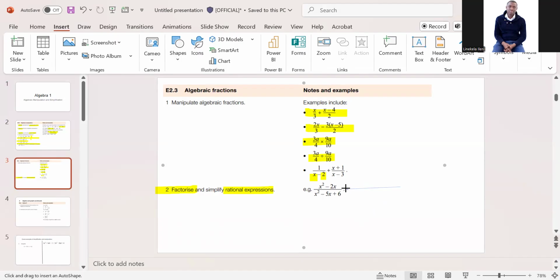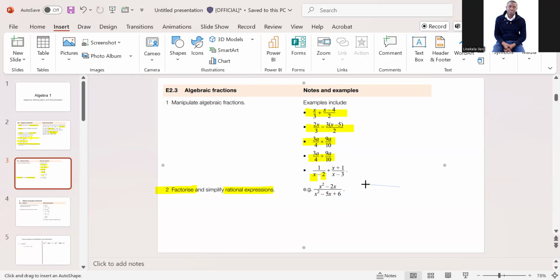If I look at this example in the syllabus, this here is just a common algebraic expression with a degree of 2, which simply means that I can factorize this by the highest common factor. And then this one here is a quadratic expression, which means I must factorize by the quadratic method.